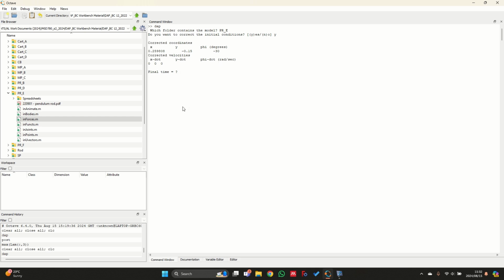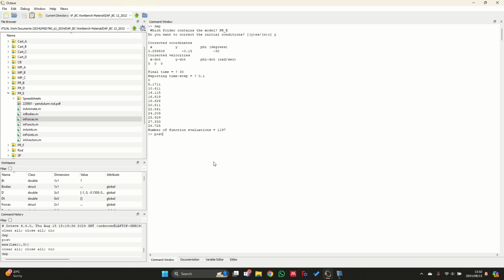And now the final time, I'm once again going to use, let's say, 30 seconds over there, and then my reporting time step will still be 0.1 seconds. And once again, we can see it terminated after 1,200 function evaluations.